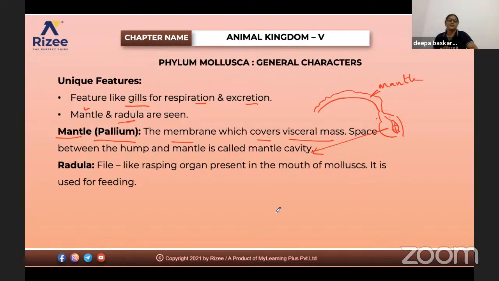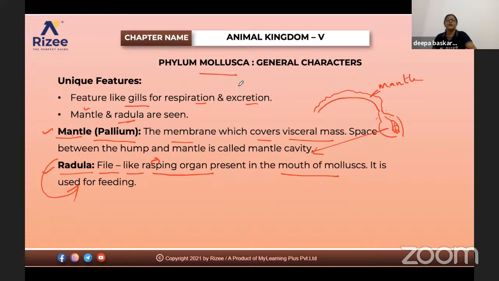What is radula then? Radula is a file-like rasping organ with teeth. Rasping means grinding. It is present in the mouth of mollusks and is very much used for feeding. So mantle and radula are the important terms you have to remember for this phylum.